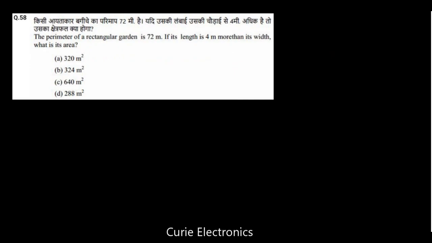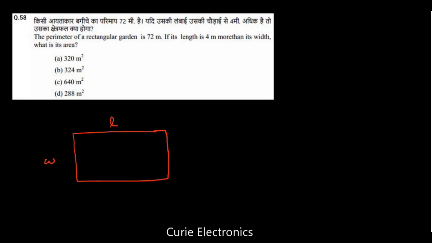The perimeter of a rectangular garden is 72 meter. If its length is 4 meter more than its width, what is its area? So we have a garden. Perimeter means the sum of all sides. Here, this is length, this is length, and this is width.